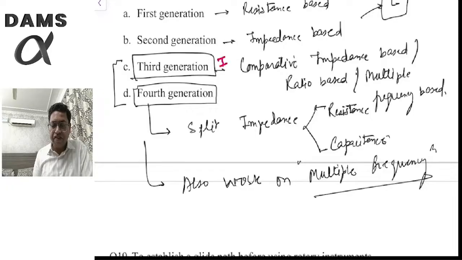So this is the first answer of choice, and this is the second answer of choice in naming the electronic apex locators based upon the generations. So please do not get confused. If both third and fourth generations are there, third generation is the preferred answer, option C.